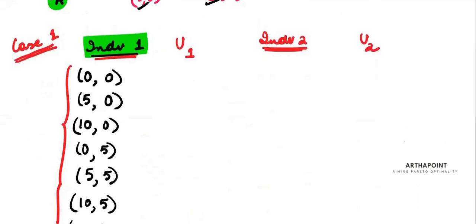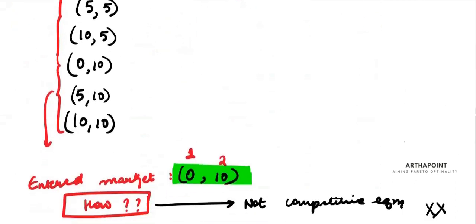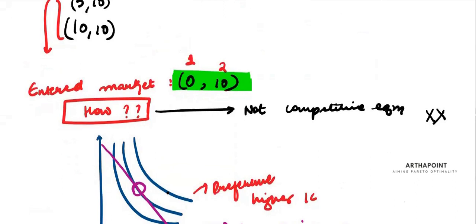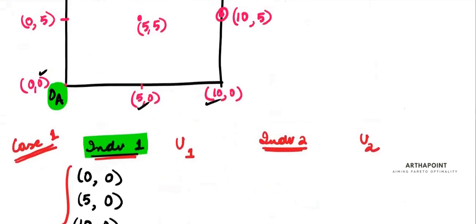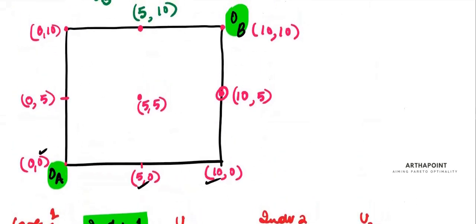Then after my efficient points have been released, I will go ahead and ask what are the points which are competitive. That is the next thing that I want to do. So do not get confused. Don't think about what is affordable currently. Just take all type of possible different points which are within your Edgeworth box. Find out Pareto efficiency. Then we will talk about competitive equilibrium also in the next part. Don't worry.